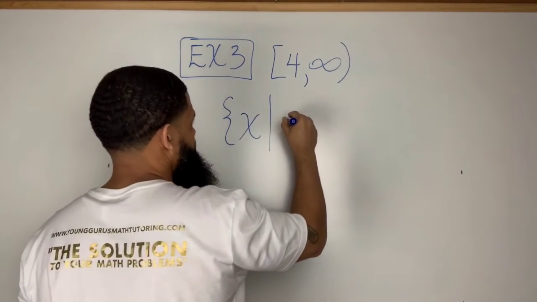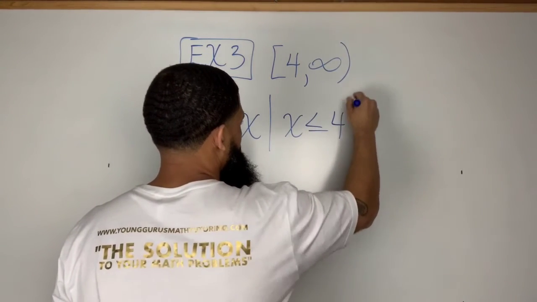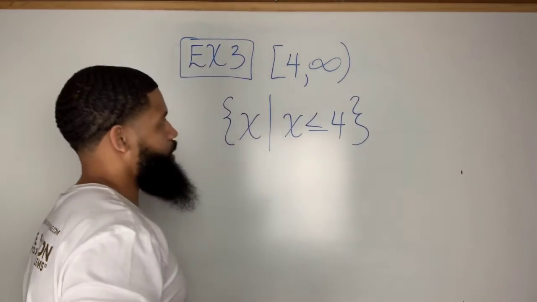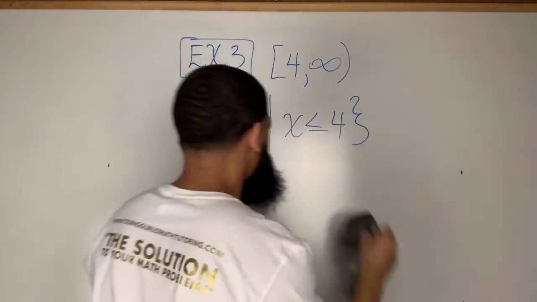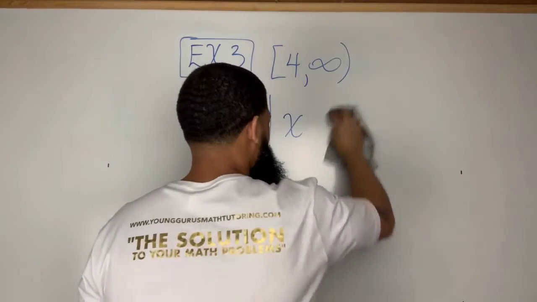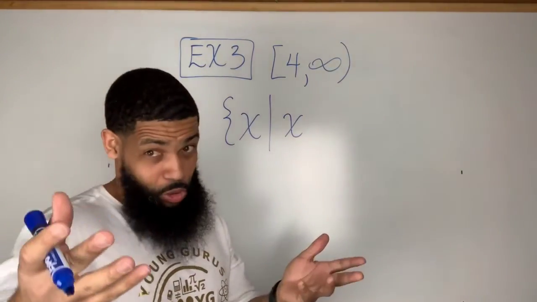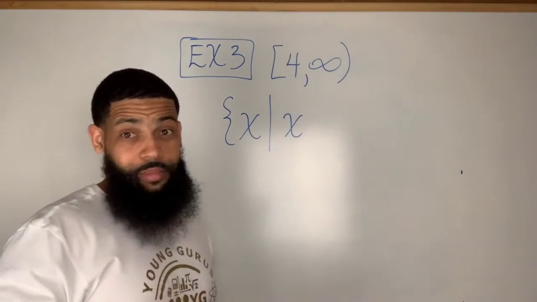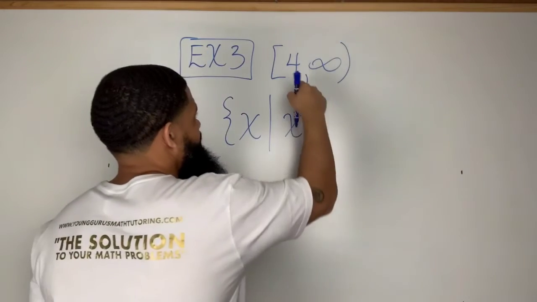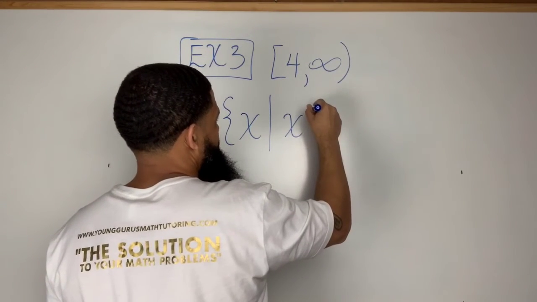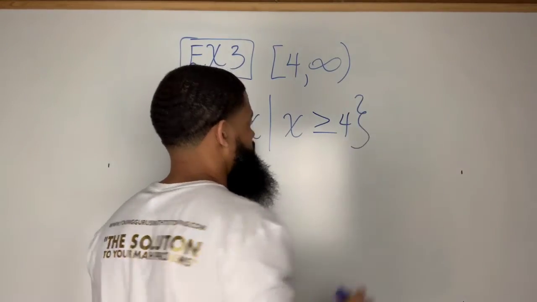The set of all x such that x is less than or equal to 4. I wrote that wrong. No, it's not less than or equal to. It's greater than. Whoa, what in the world is going on? I told y'all, I am not re-recording this. Let y'all know I'm not perfect. I'm a mathematician, been doing this for several years, but I still make mistakes. In this case, it's actually x is greater than or equal to 4. I'm sorry for that mistake.